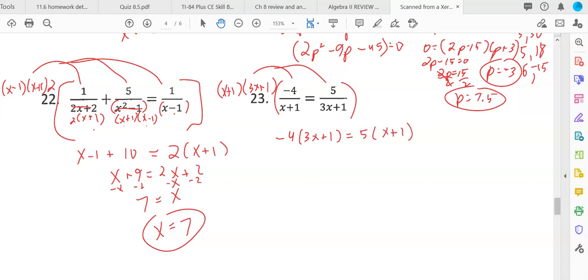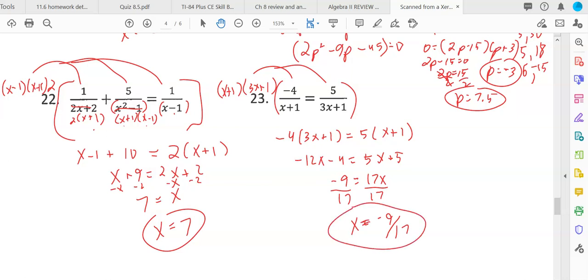So we get negative 12x minus 4 equals 5x plus 5. So I'm going to add 12x to both sides, so I get 17x, subtract 5, I get negative 9, divide by 17, so I get x equals negative 9/17, which, if you look at the denominator, that works just fine, so I think that's my answer there.